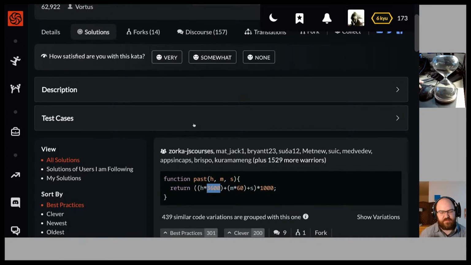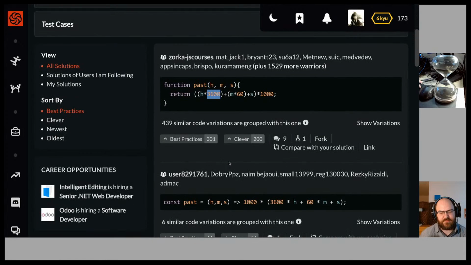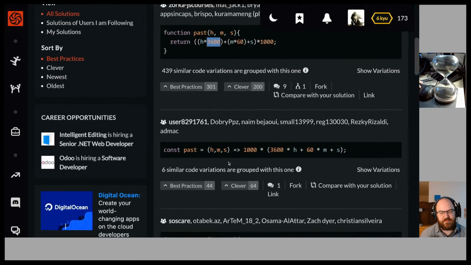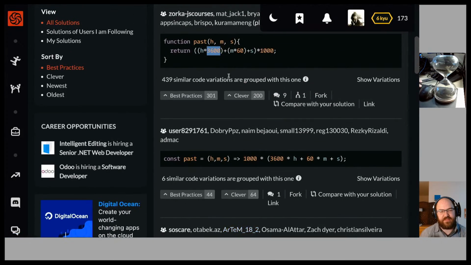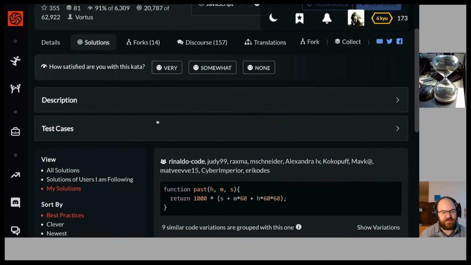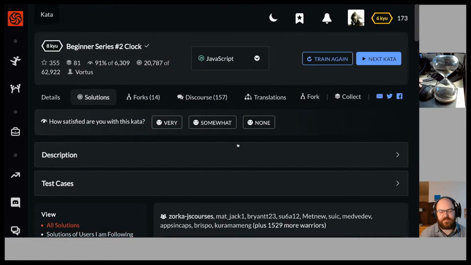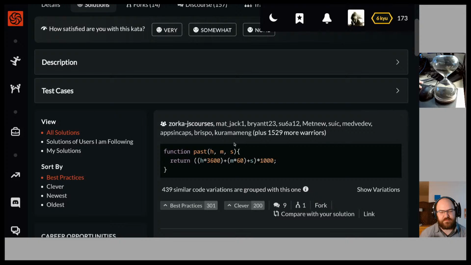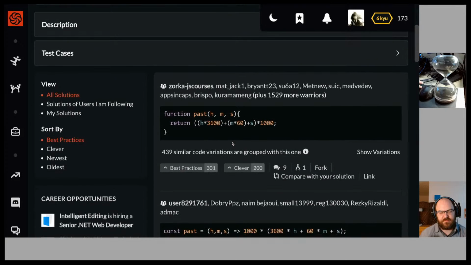That's valid. I guess it's inefficient to calculate. Like, what did I do? It's probably inefficient to calculate that 60 times 60 each time. Okay, cool. That was that one.